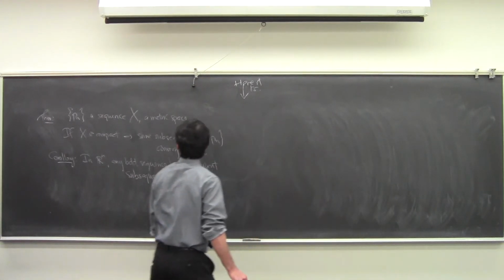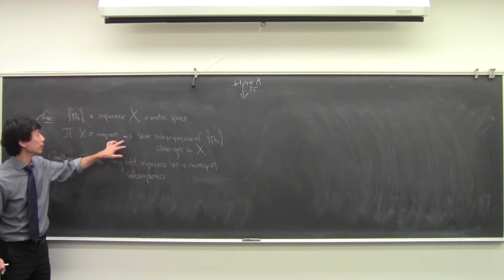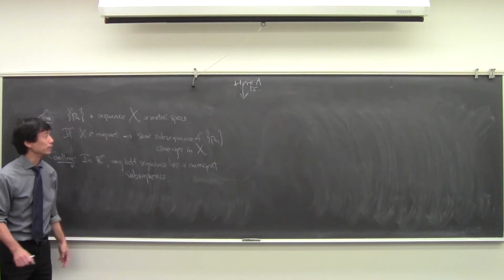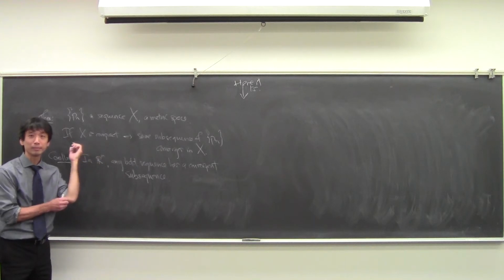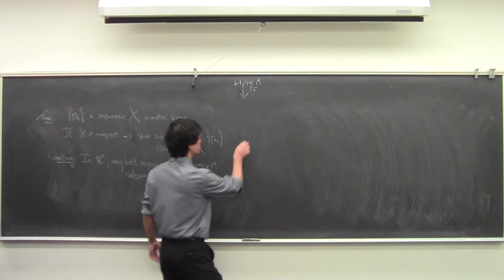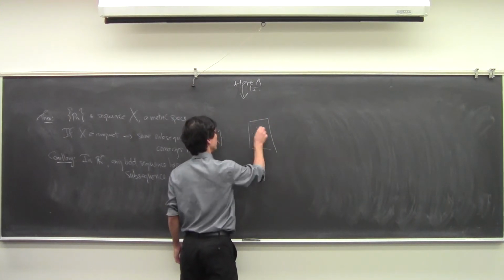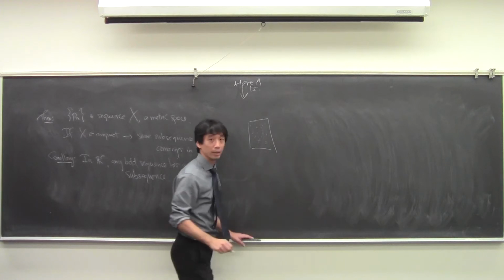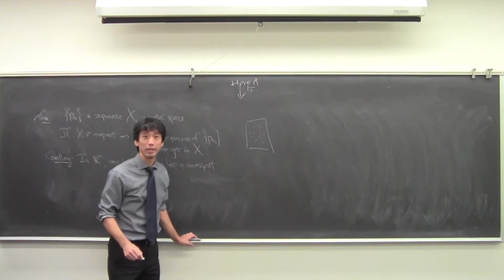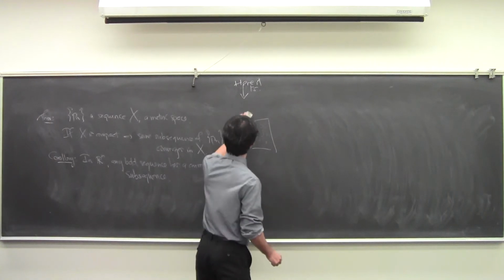Okay, so why is this true? If you're compact, then you have some convergent subsequence. You have a sequence, your set is compact, you have an infinite sequence in there. Why are you guaranteed a convergent subsequence?